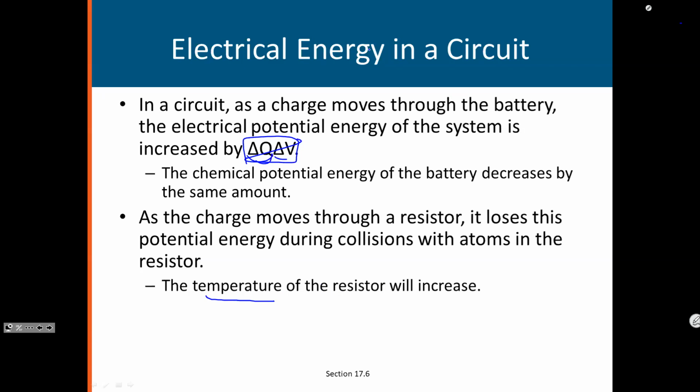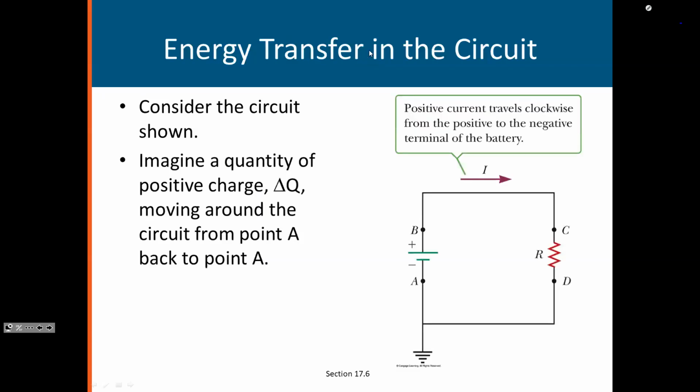So we started a new section, electrical energy in a circuit. The electrical energy is produced by the chemical potential energy in the cell or the battery, and it will increase the electrical potential energy of the charges as they move from the negative end of the battery to the positive end. Here we have a circuit diagram showing a battery and a single resistor.